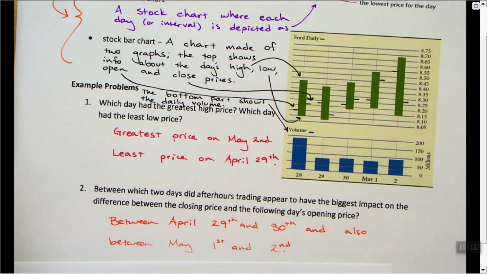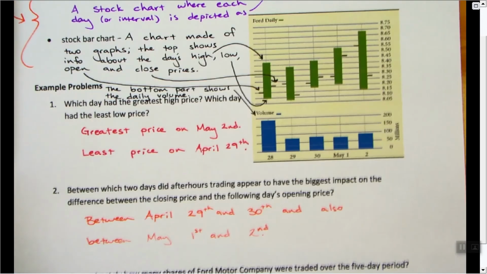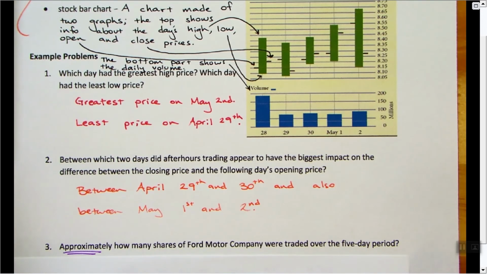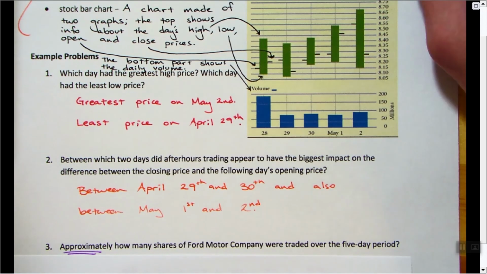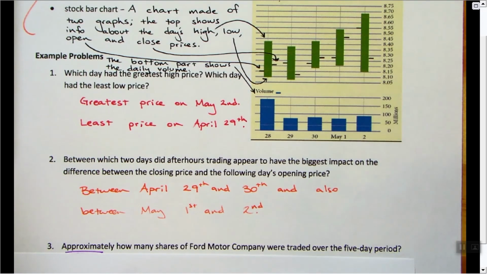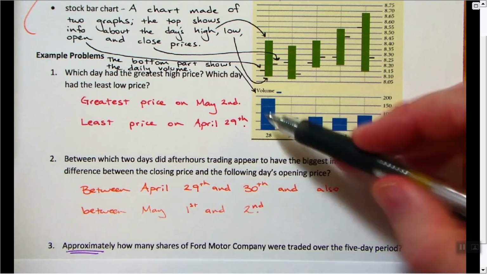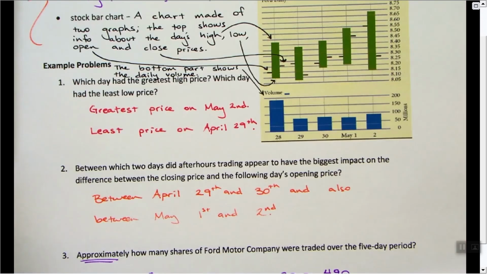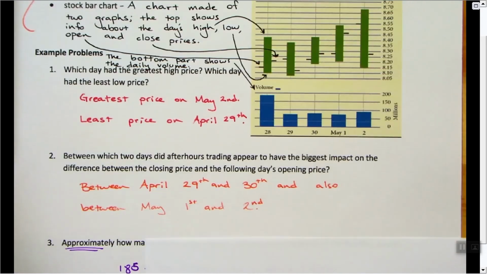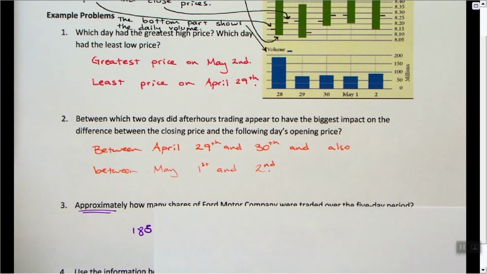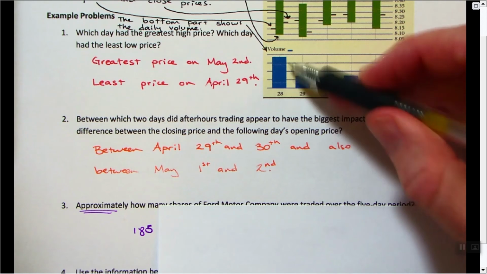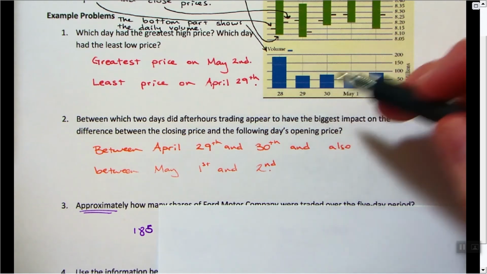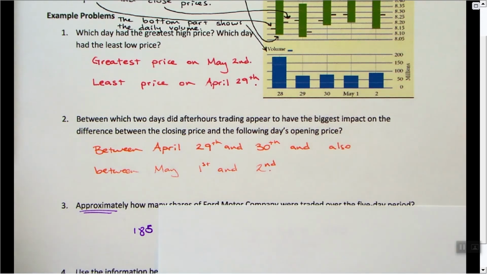Okay? All right. The next question is, approximately how many shares of Ford Motor Company were traded over the 5-day period? Well, I've got to estimate how many of these are for each of them and then add them up. So the first one looks to be, I thought at first, 180, 185, somewhere around there. Again, this is not exact, so approximate is fine as long as you're close.